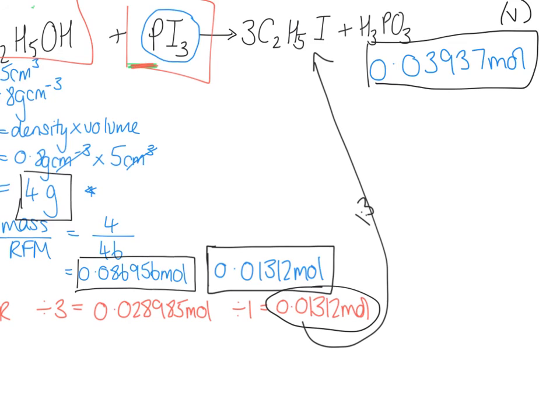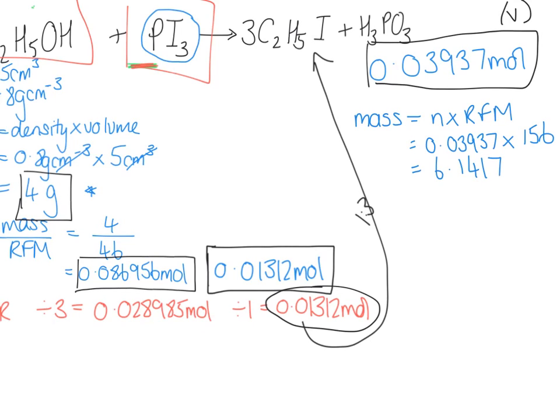Part 6 now asks us to work out the theoretical mass of iodoethane, and to do that we simply use mass equals n times RFM. Which is going to be 0.03937 times the RFM, which is 156, which gives us a mass of 6.1417 grams.